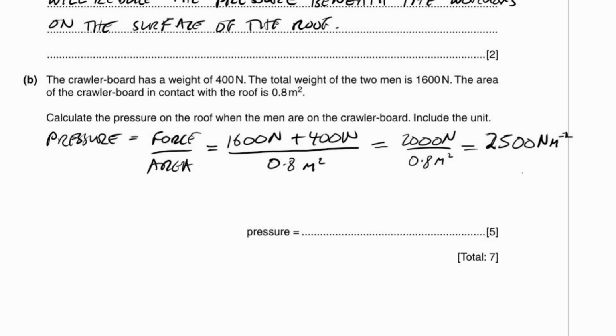Now, those of you familiar with pressure know that pressure is measured in pascals. That's the unit for pressure. But 1 pascal is just 1 newton per meter squared. I've left the units like this in the calculation just so you can see where they come from. You've got newtons here divided by meters squared. What happens when you get newtons divided by meters squared? Nobody knows. So if you just leave the units there, you can see where the number itself comes from.